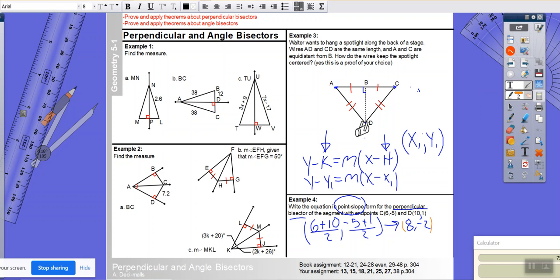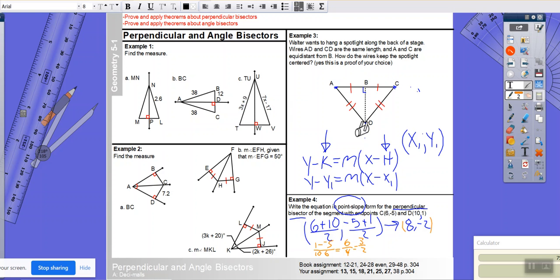All right. So again, let's find the slope, right? We have 1 minus negative 5 over 10 minus 6. So we get 6 over 4, which is equal to 3 over 2. And so what is the slope of the perpendicular line?